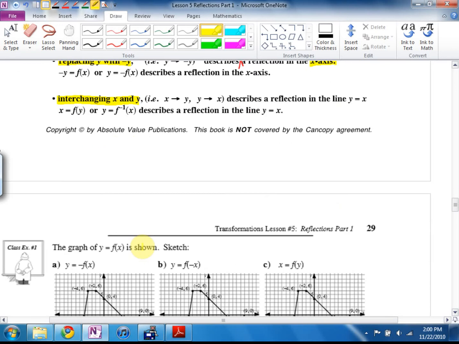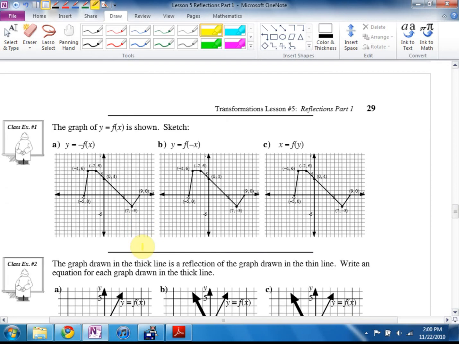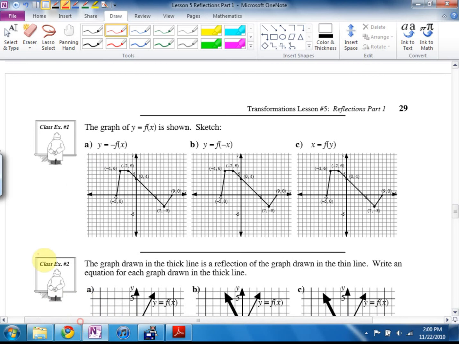Okay. It says the graph of y equals f of x is shown. Sketch. Okay. What is this one here? Vertical or horizontal reflection? So I'm going to write down origin here. Vertical reflection. Now, technically, Hannah, it's a vertical reflection about the x-axis.